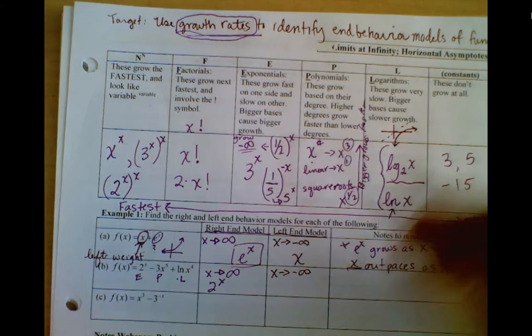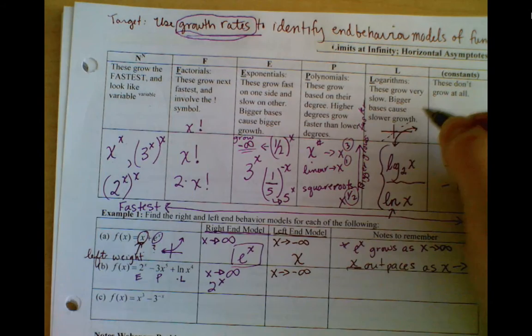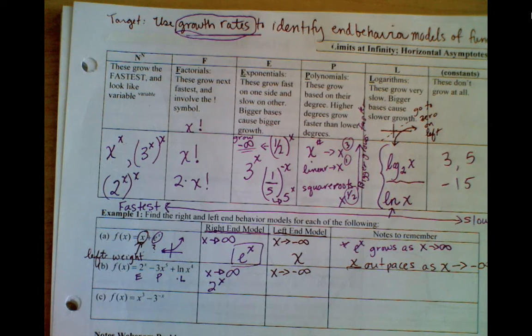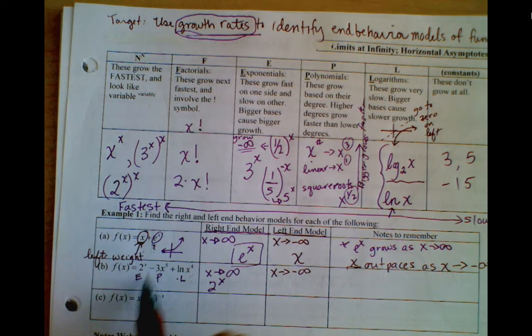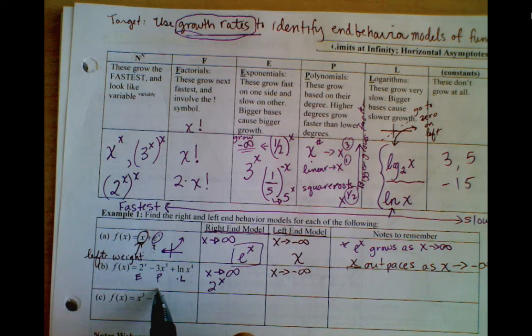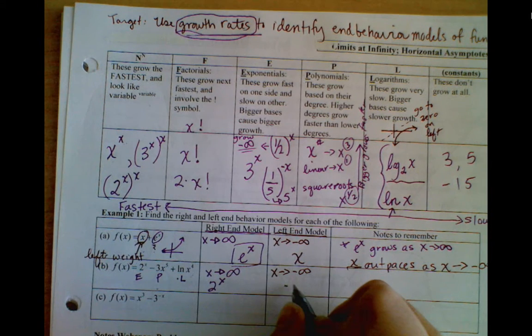So these guys go to 0 on the left. So he becomes basically worth nothing on the left. And so this guy is the only one that's going to have any weight as you go to the left. So it would be that negative 3x to the 5th.